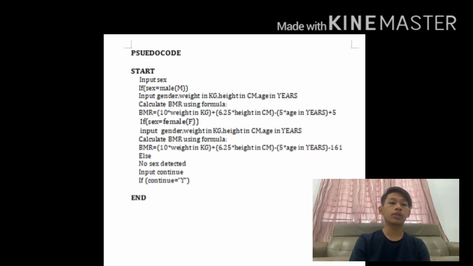Calculate BMR using the formula: BMR equals 10 times weight in kg plus 6.25 times height in cm minus 5 times age in years plus 5. If sex is female, input gender, weight in kg, height in cm, age in years. Calculate BMR using the formula: BMR equals 10 times weight in kg plus 6.25 times height in cm minus 5 times age in years minus 161, as no sex detected.